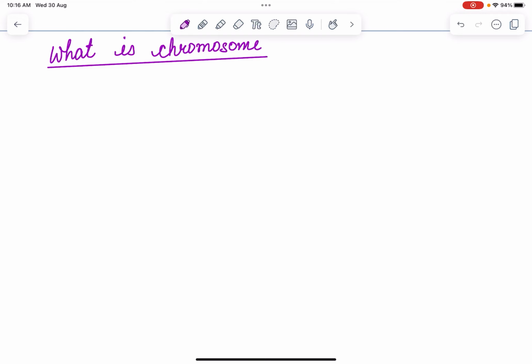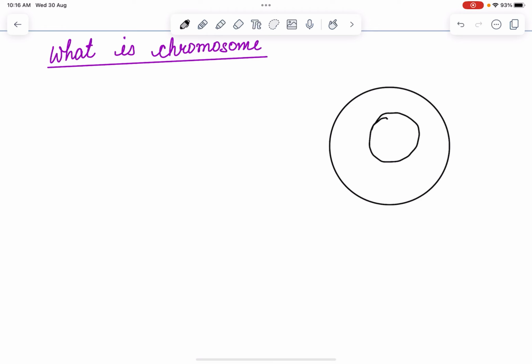A human body is made up of millions or trillions of cells. In each cell there will be a nucleus, and within this nucleus genetic material will be present. Thread-like structures will be present inside the nucleus.